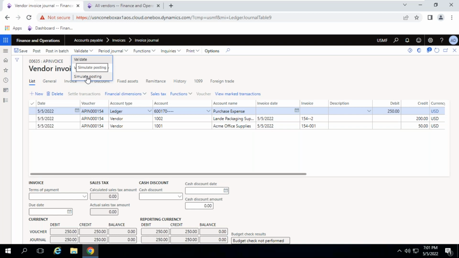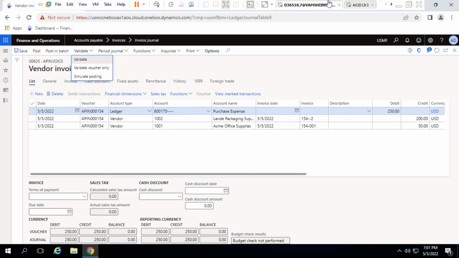Suppose, hypothetically, we are making a payment through check and we have not generated the check number. When we click on validate, it will only check the accounting structure.